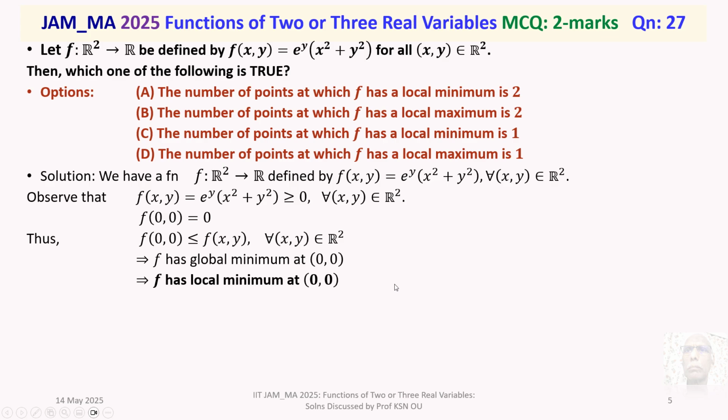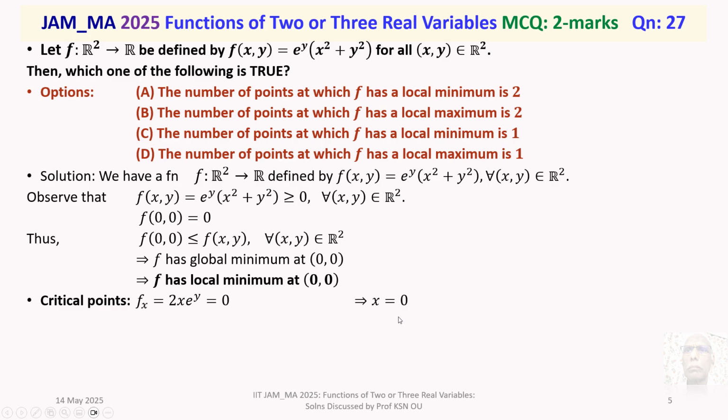So we have one point at which f has a local minimum, that is the origin. Now we talk about critical points. To discuss the local maxima and local minimum points, we have to discuss the critical points, for which fx, del f by del x, is 2x e power y is 0.